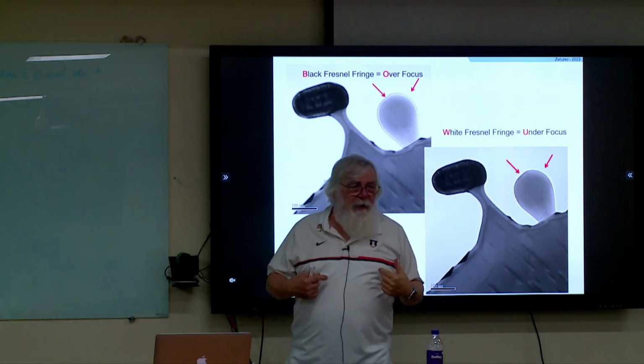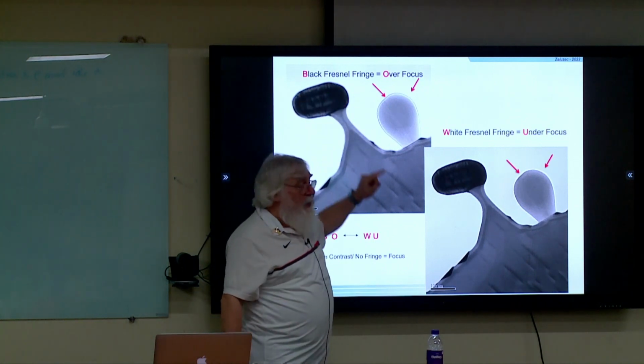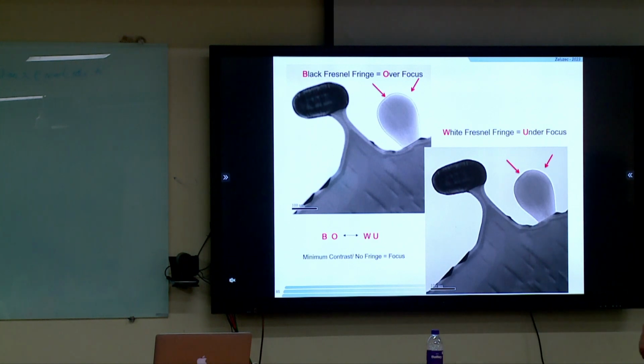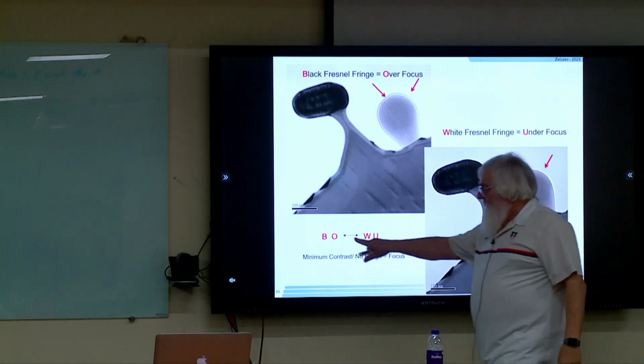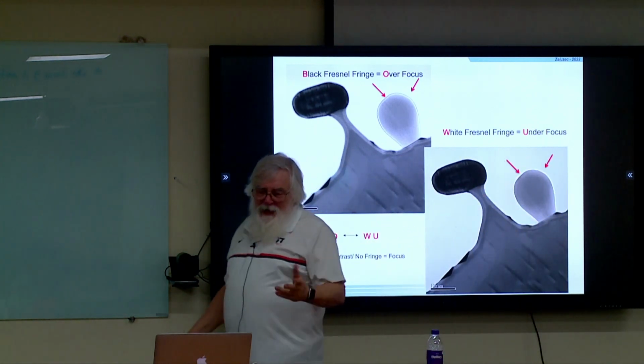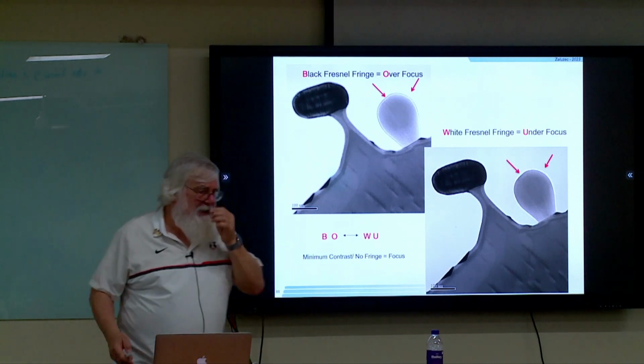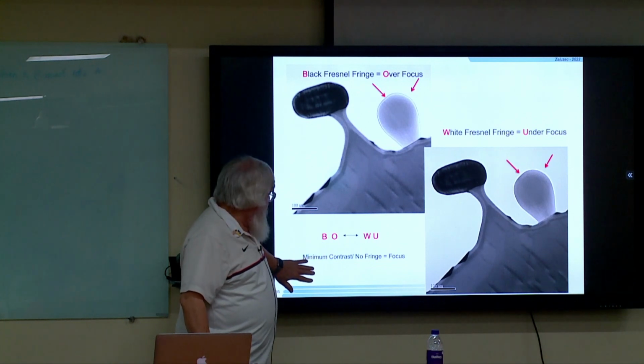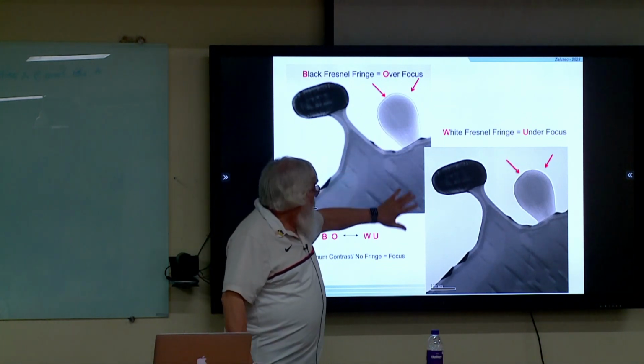And to me, it's alphabetical. B and O are closer together than W and U. So white is under, black is over. So that's my simple way of remembering, because I always mess it up, to be honest. And perfect focus, again, is when there is no fringe, we're at focus.